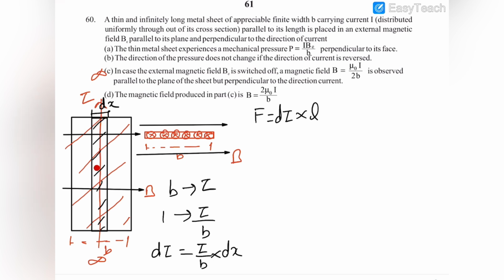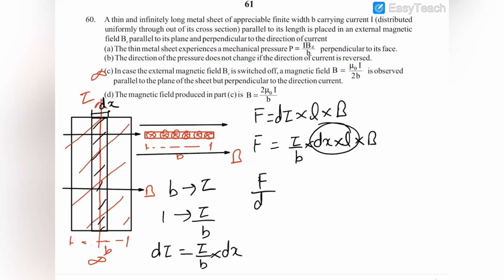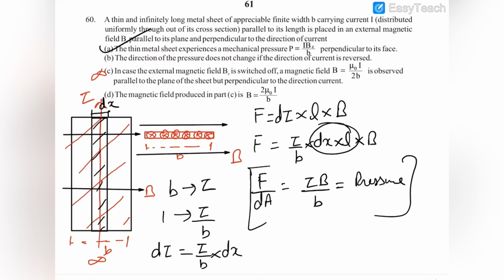So F is equal to di, which is I by b into dx, into L and into the magnetic field. This is the area of this strip, dA, so the pressure would be force upon area, which is I B by b. So this is the pressure, and option A is correct.